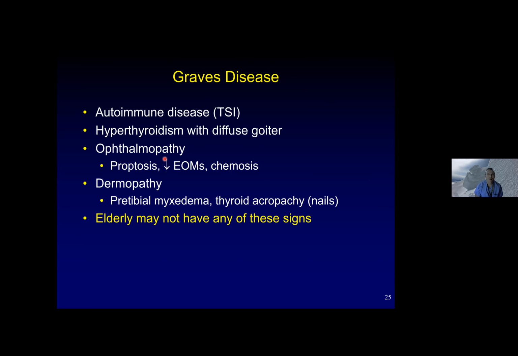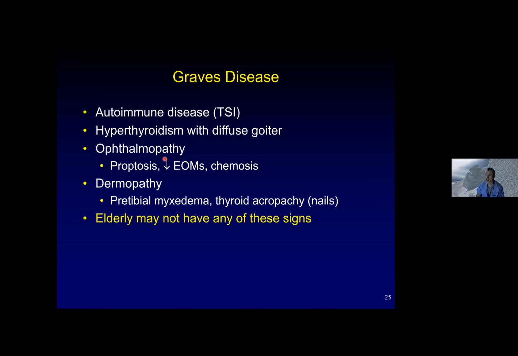So Graves' disease, which is a type of hyperthyroidism, is an autoimmune disease, and the antibody that triggers this is called TSI. And that's a test that is available clinically, so you can actually request an antibody called TSI that will help you in making this diagnosis.